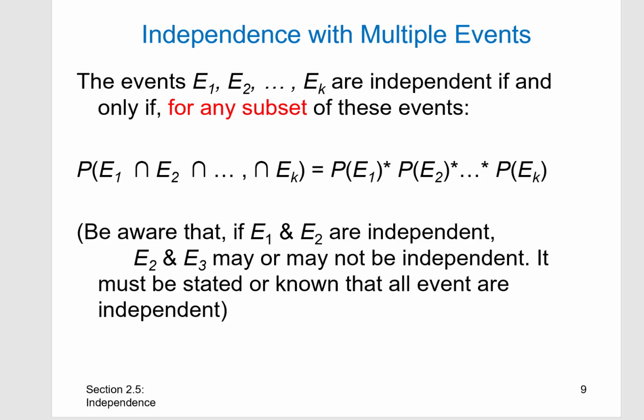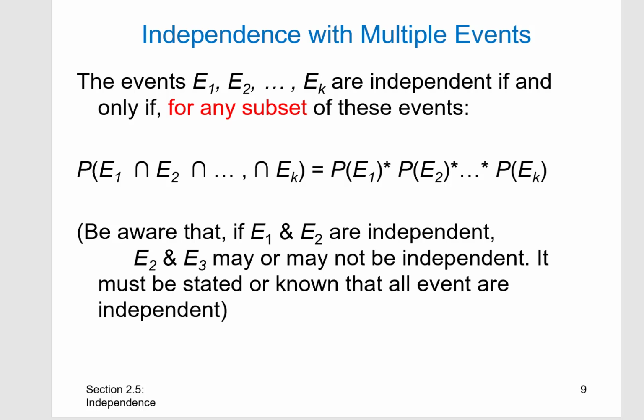If events E1, E2, all the way to EK are independent, they're independent if and only if for every subset of these events, the probability of E1 and E2 and E3 and EK equals the probability of E1 times the probability of E2 times all the way to the probability of EK.